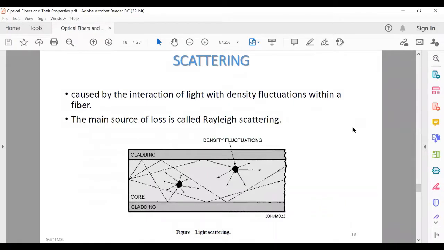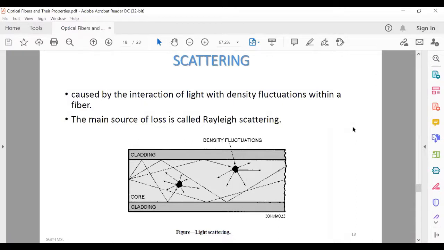Next is the scattering. Scattering losses are caused by the interaction of light with density fluctuations within a fiber. Density changes are produced when optical fibers are manufactured. During the manufacturing process, regions of higher and lower molecular density relative to the average density of the fiber are created.